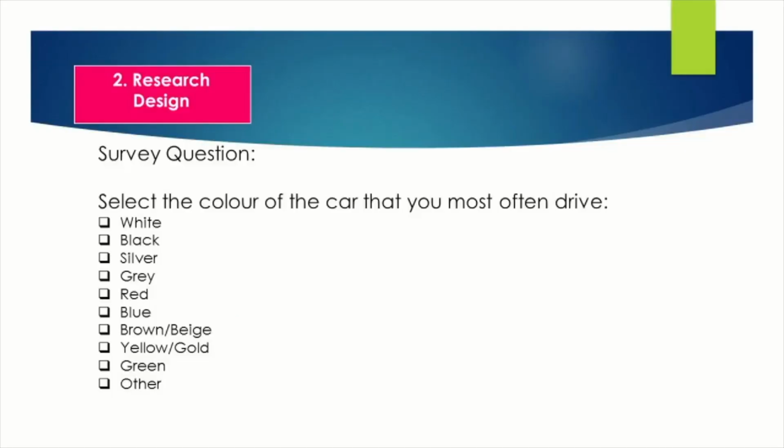So here's the plan: we're going to create a survey, and the survey would be a single question that we're going to send out, built upon the North American statistics that we got for car colors. Essentially, the question would ask, select the color of the car that you most often drive. We'd send it out to people in Clarenville. The people in Clarenville would select one of those responses and send it back.